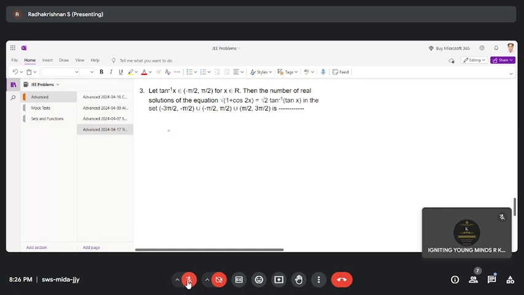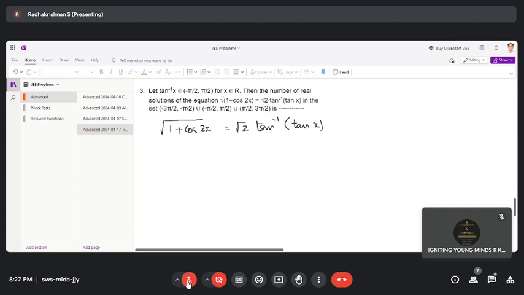Okay, so the equation I'll write again: square root of 1 plus cos 2x. This is the equation that we have to solve. The first statement is standard, so there's nothing in that.